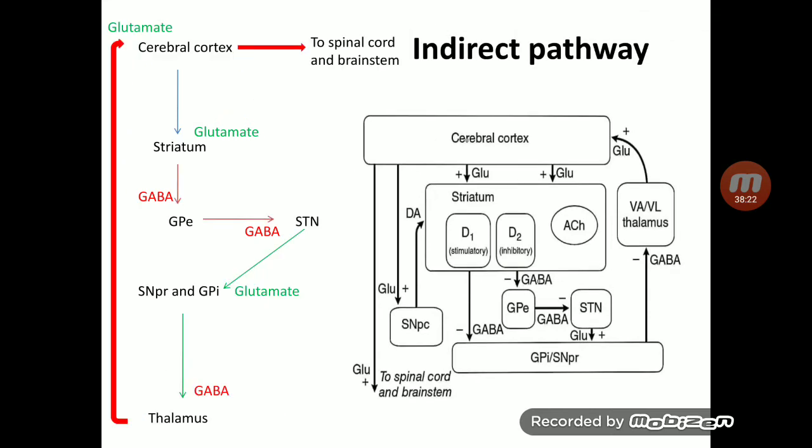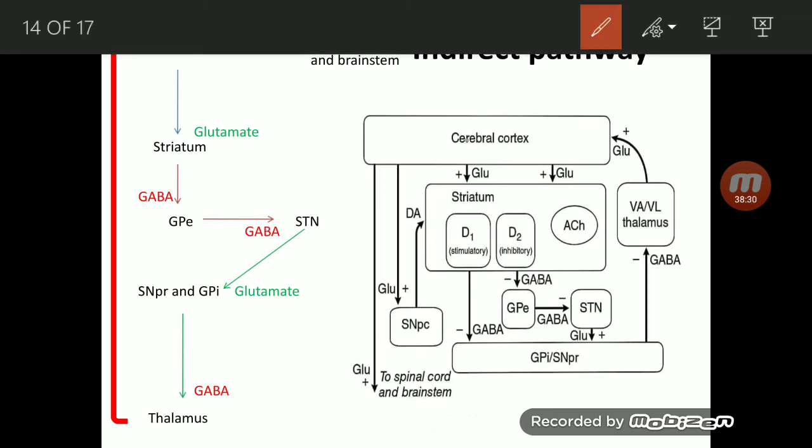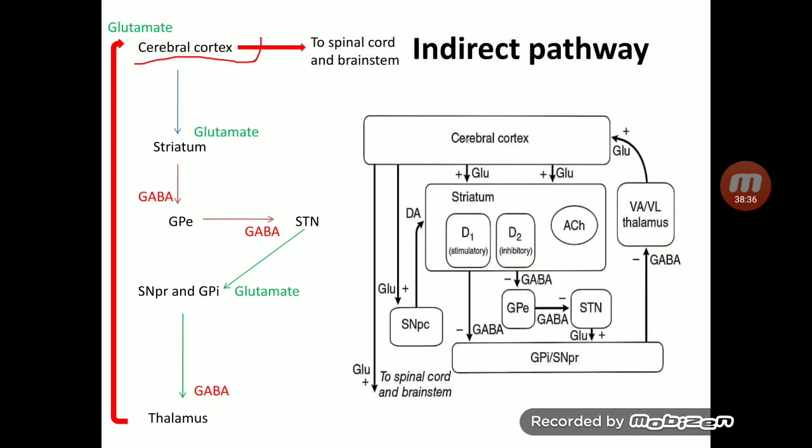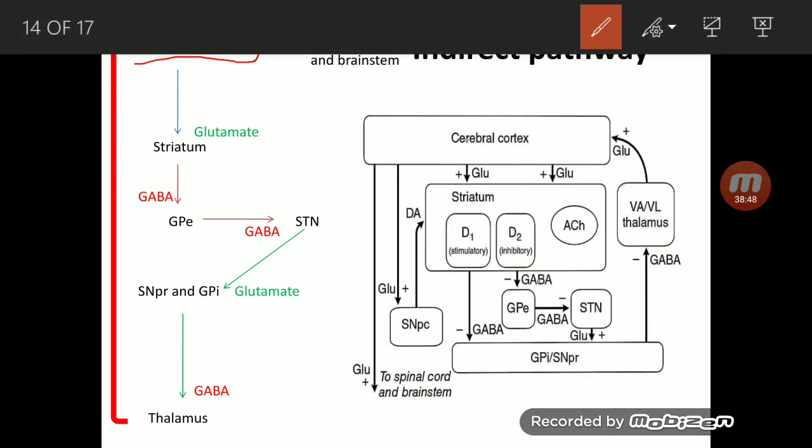Second, you have your indirect pathway. The same thing is occurring. If you see, in case of indirect pathway, you have your cerebral cortex over here. When you send a signal, at the same time it is activating both the pathways.